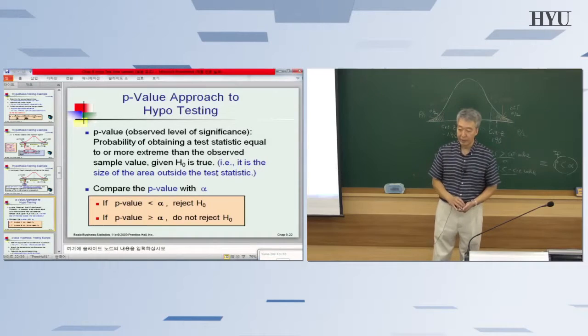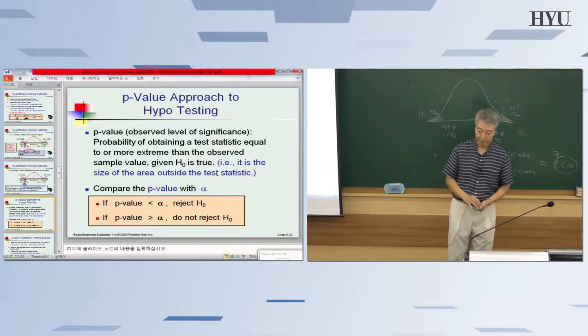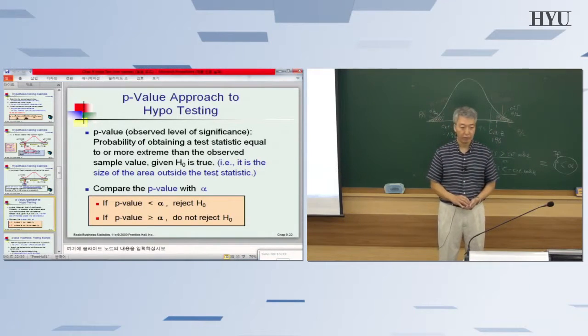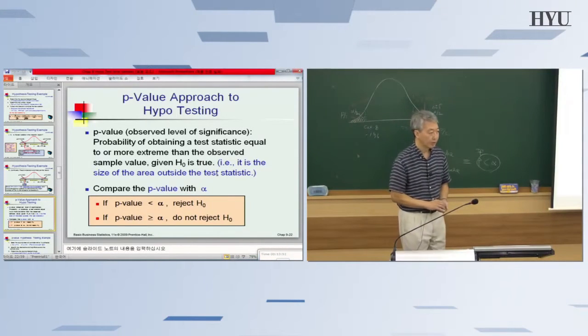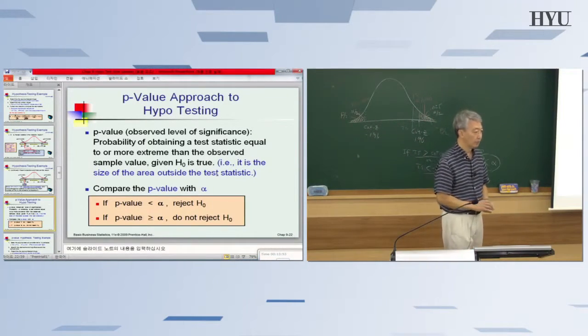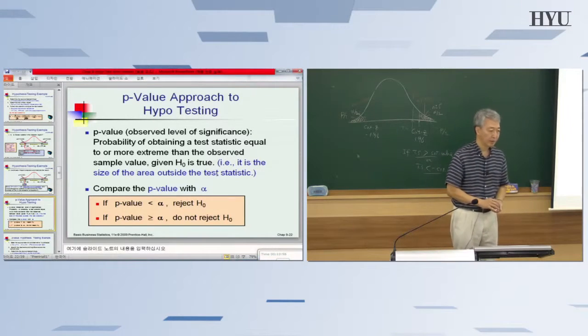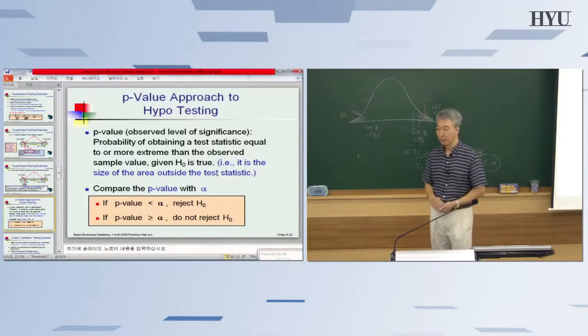The only way you can eliminate the possibility of error is if you can use the entire population in your calculation. But the whole problem of statistics is we cannot do that. It is either impossible to use the population or it's just too costly, too much time or money.